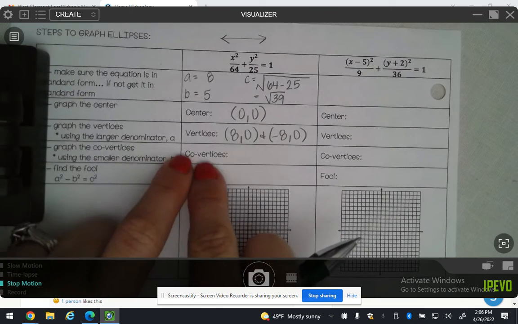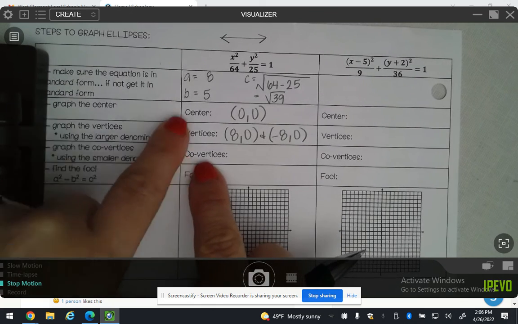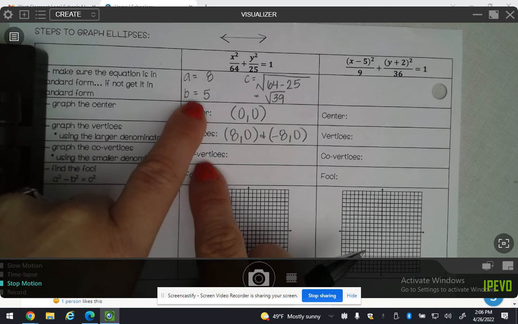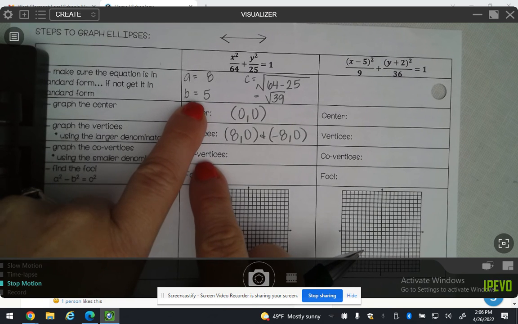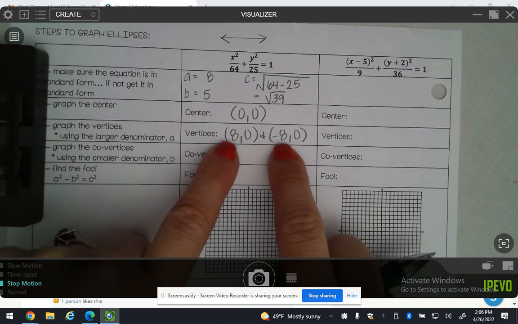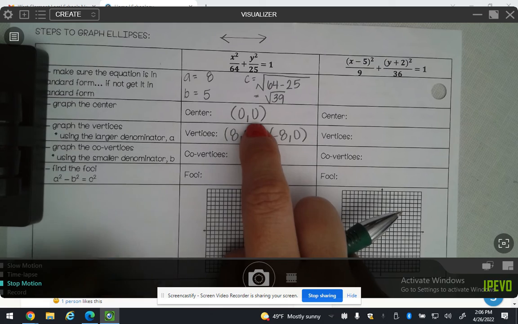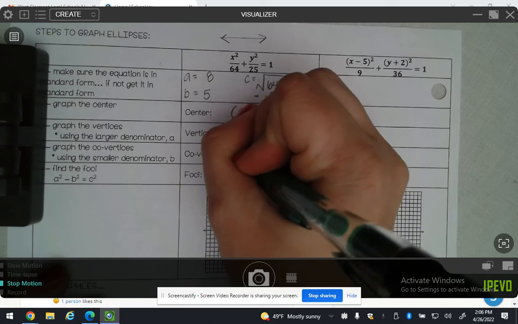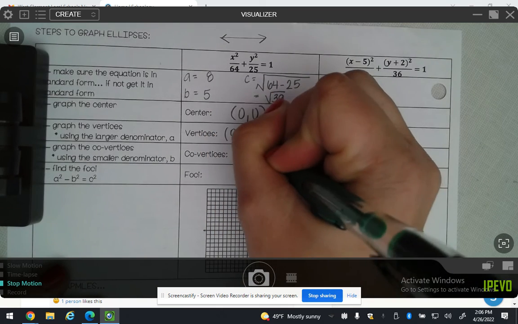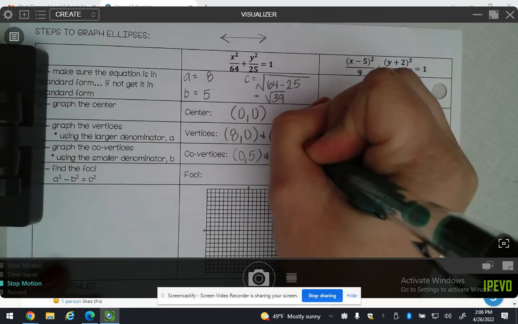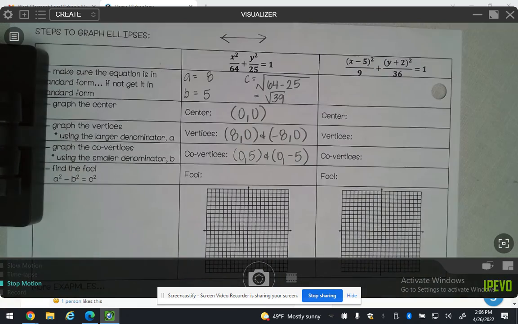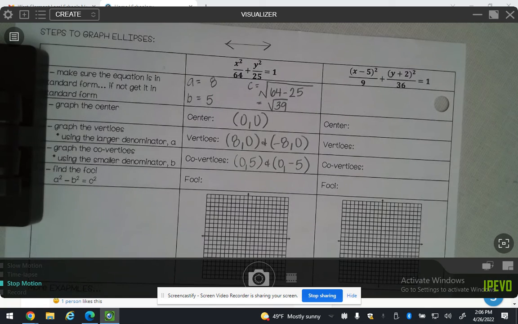The co-vertices go with B. B is 5 though, right? Co-vertices go with the other coordinate. Since I changed my X for my vertices, I'm going to change my Y for my co-vertices. So I'm going to add 5 and subtract 5 from the Y value. What do the foci go with?